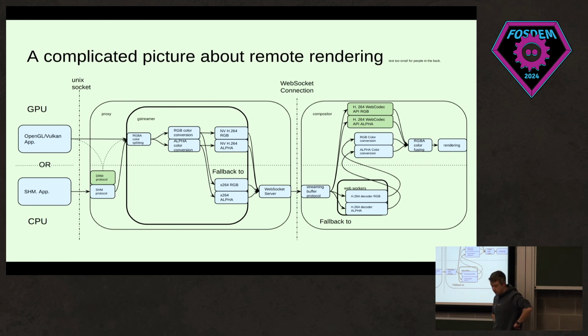For the other browsers, I use the WebCodecs standard, so I can have the browser do all the hard work and have the video frame decoded. And then last but not least, there is a WebGL shader that puts the colors back together. So we have the RGB frame, we have the alpha frame, we stitch them back together, and we push them to a WebGL texture and paint them nicely on the screen. That was a long trip.